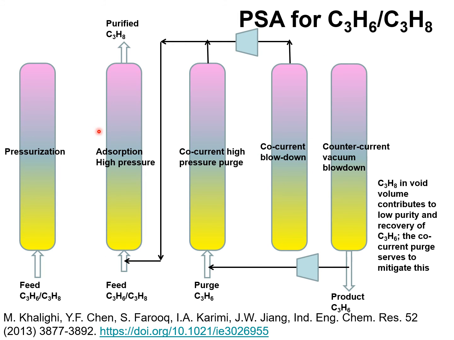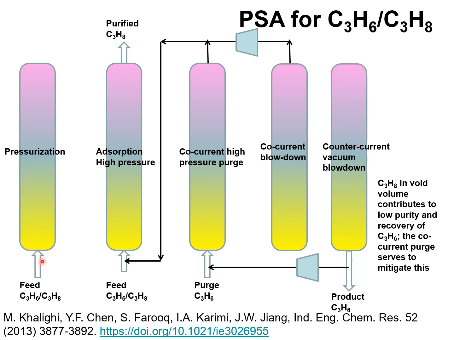For alkene selective adsorbents such as MOF 74, here is a PSA scheme that is applicable for propene-propane separations. The scheme is described in the paper by Khalighi. It consists of 5 steps.